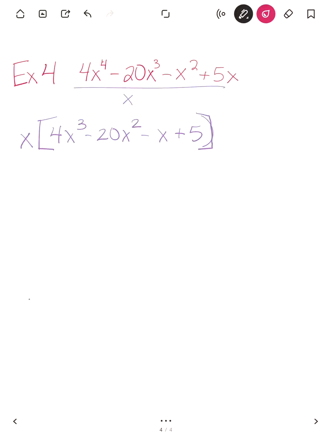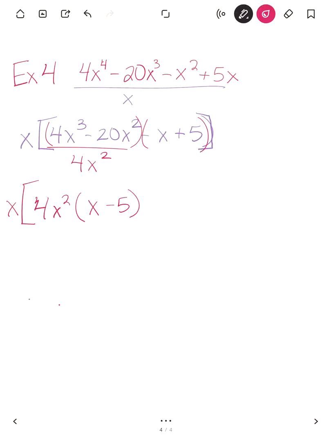So then I'm going to group my first 2 terms, my last 2 terms. Okay, this first group, they have a 4x squared in common. So I get 4x squared, and then I write down what I have left, which is x minus 5. Can't forget my GCF out in front.